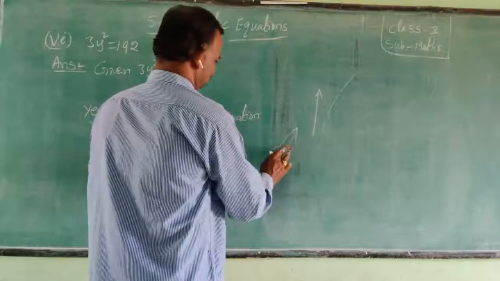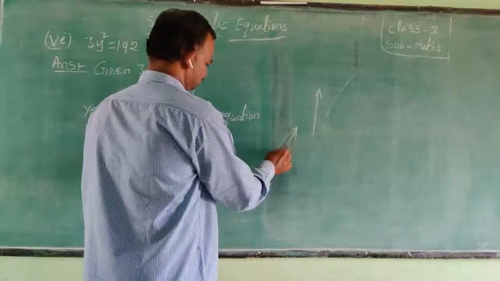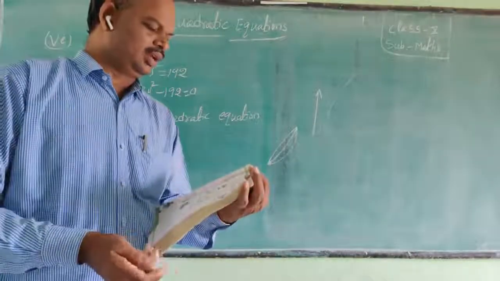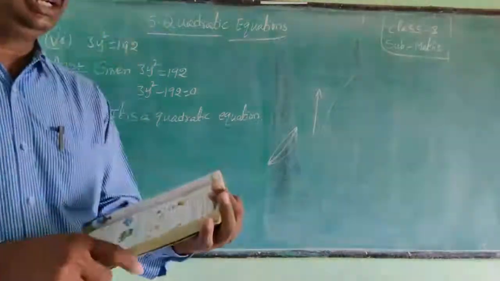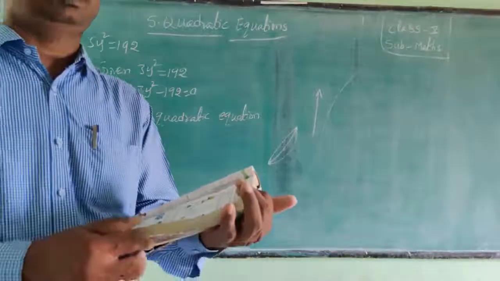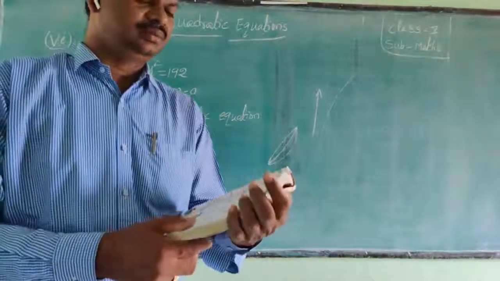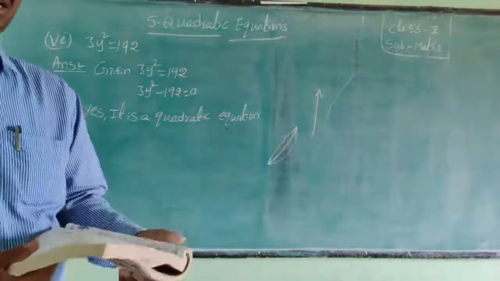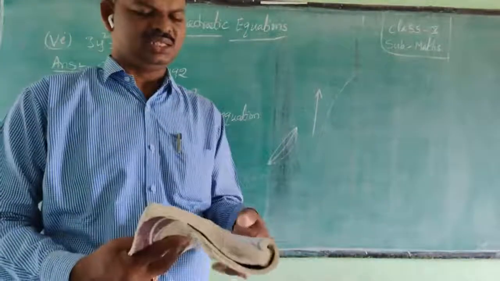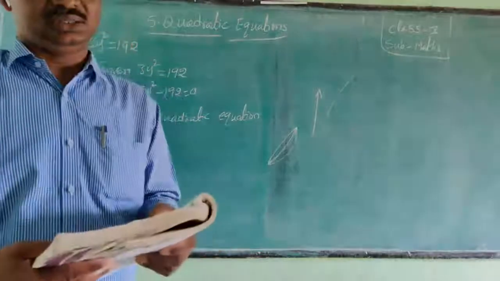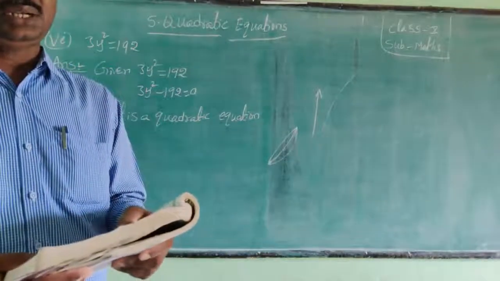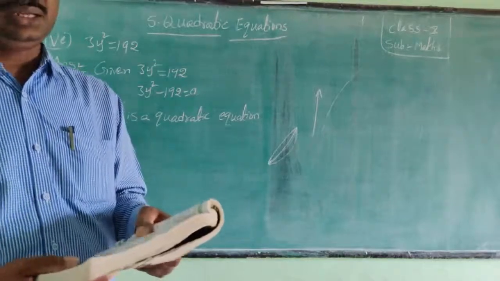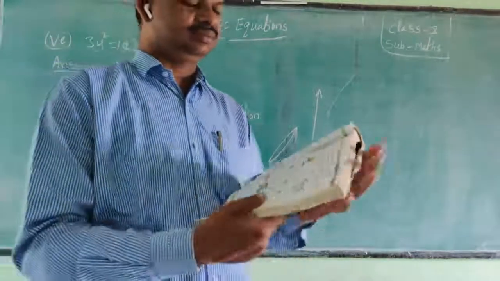The shape of the satellite dish, the reflecting mirror in a telescope, lens of the eyeglasses, that means spectacle glasses, and orbits of the celestial objects are defined by quadratic equations.